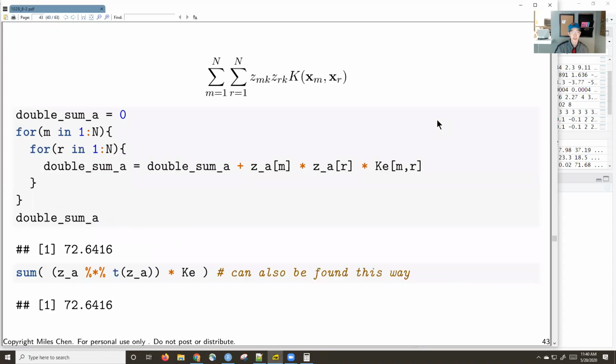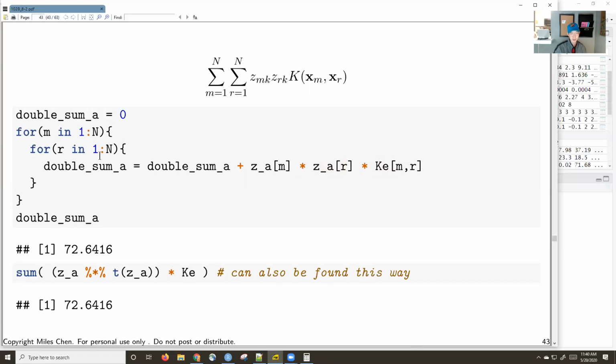Then I do a double sum of this, taking each z and z here, zm for m in 1 through n and zr for r in 1 through n. Basically I start off with a double sum equal to 0, and I just keep adding each term here. For r in 1 through n, I find the kernel matrix entry m comma r, multiplied by z sub r.